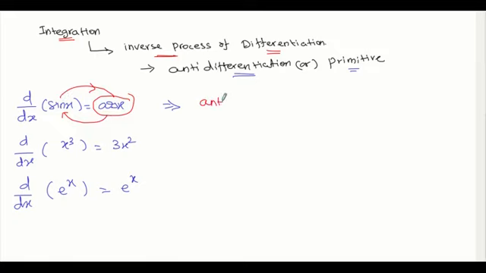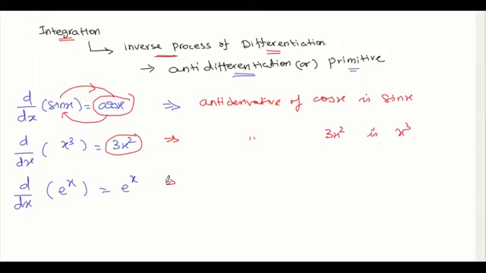Antiderivative of cos x is sin x. Similarly, antiderivative of 3x square is x cube. Antiderivative of e power x is e power x only.